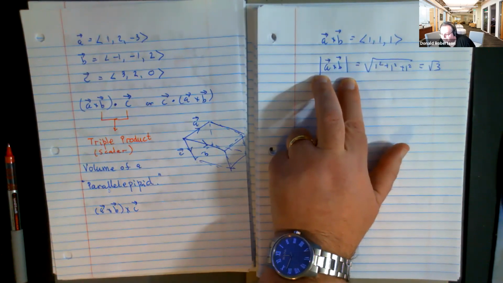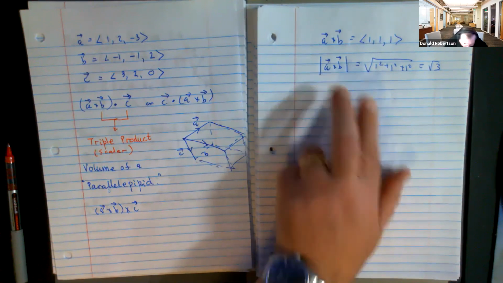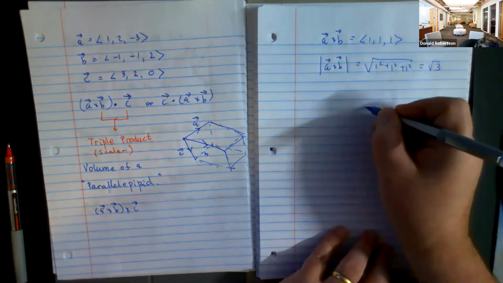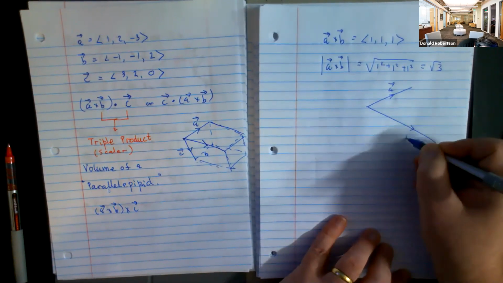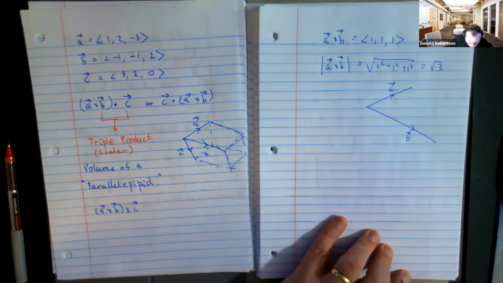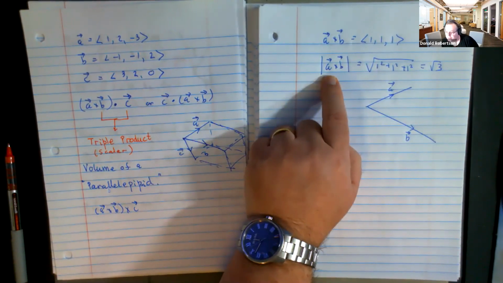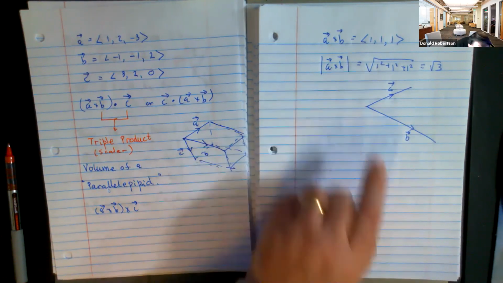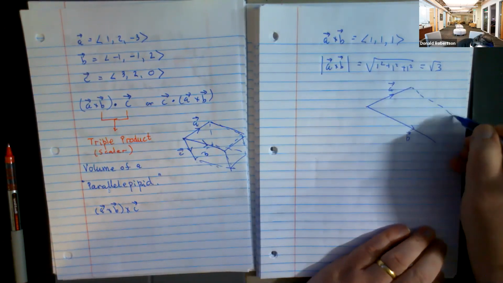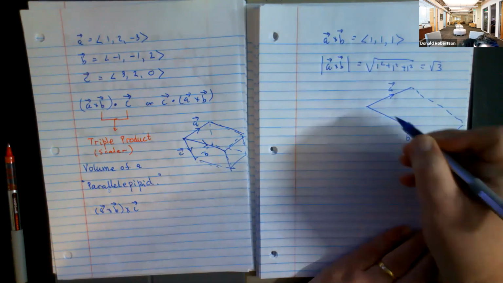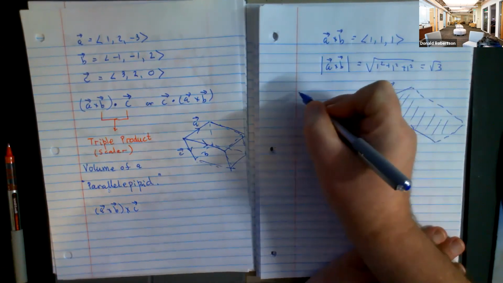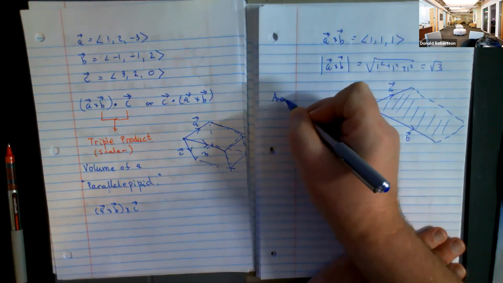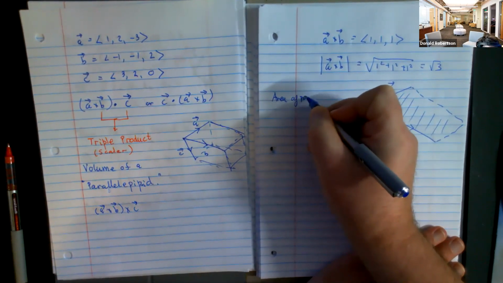Because it's a vector inside it. You might think, what does this number look like? If this is A and this is B, the magnitude of the cross product is the area of the parallelogram.